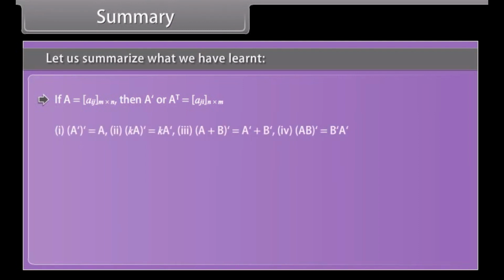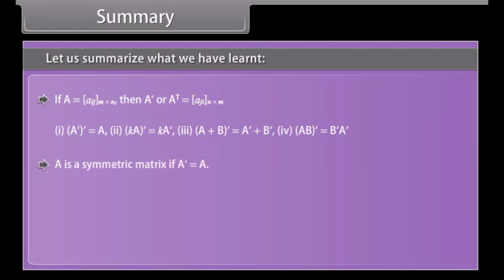Transpose of transpose of matrix A is equal to matrix A. Transpose of K times matrix A is equal to K times transpose of matrix A. Transpose of matrix A plus B is equal to transpose of matrix A plus transpose of matrix B. Transpose of matrix AB is equal to transpose of matrix B times transpose of matrix A.